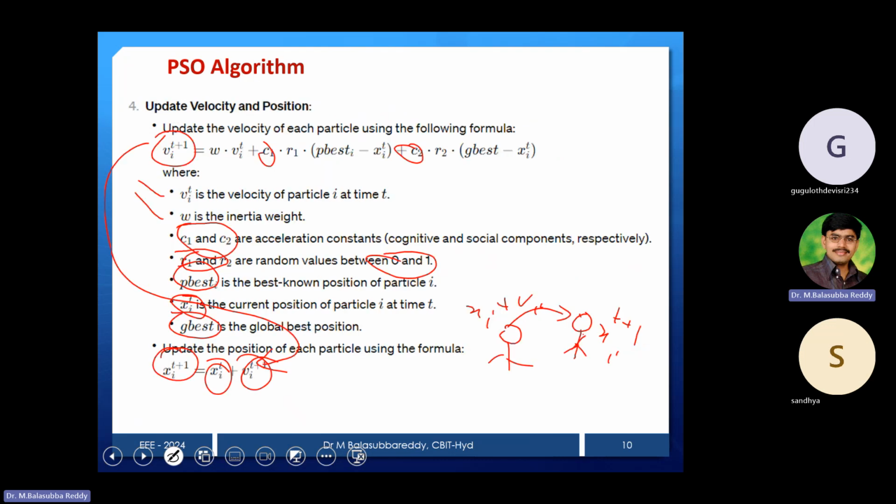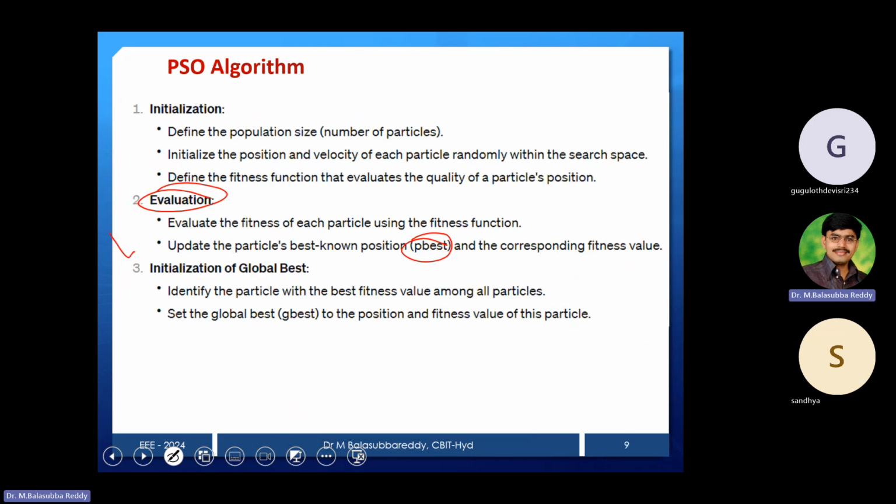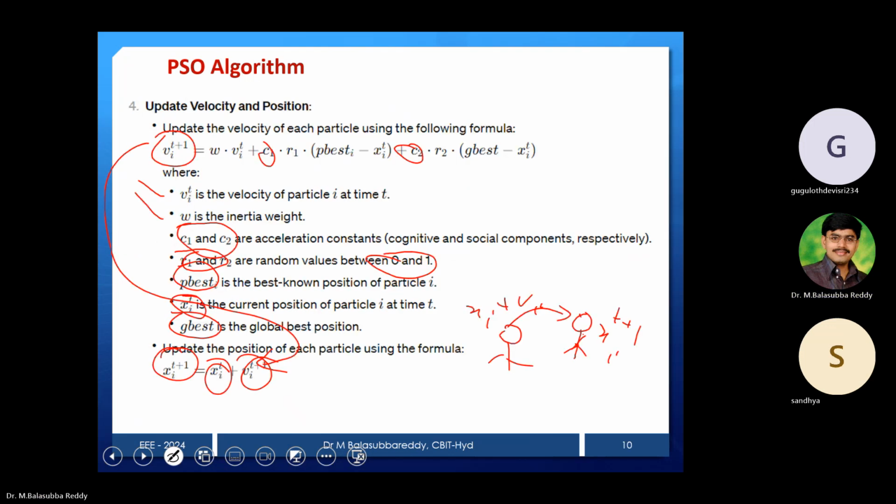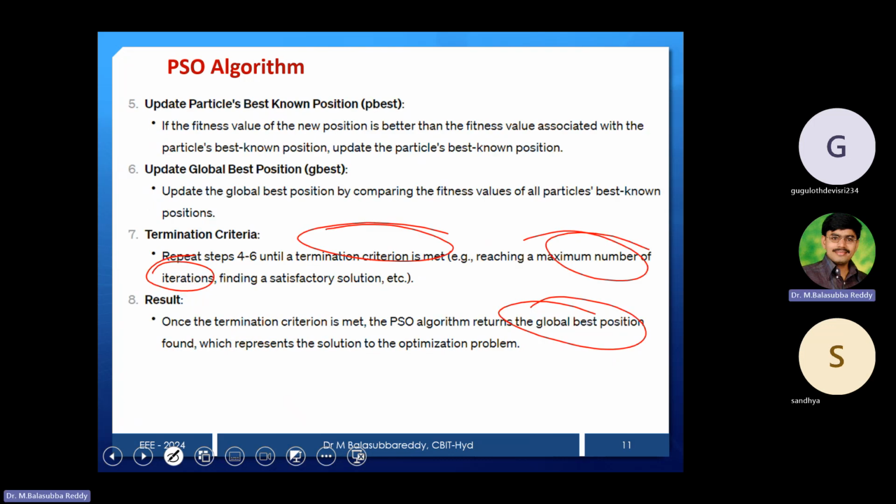We can recall, it is very simple: initialization, whatever parameters are there, you can set them as parameters. Then evaluation, then initialization of the G best, and then update the velocity and position. Once we update the velocity and position, then we can easily update the G best and P best.